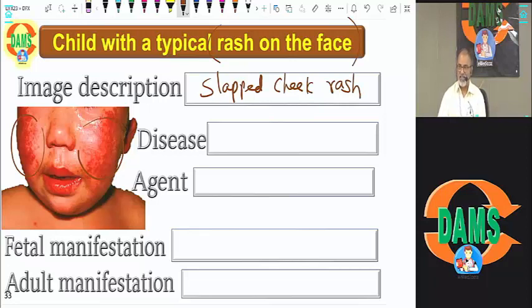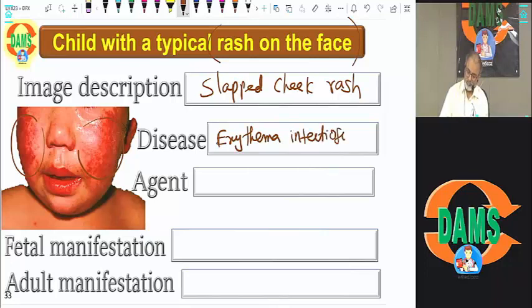Fifth disease, erythema infectiosum. Agent: parvovirus B19. Parvovirus B19 is the agent.